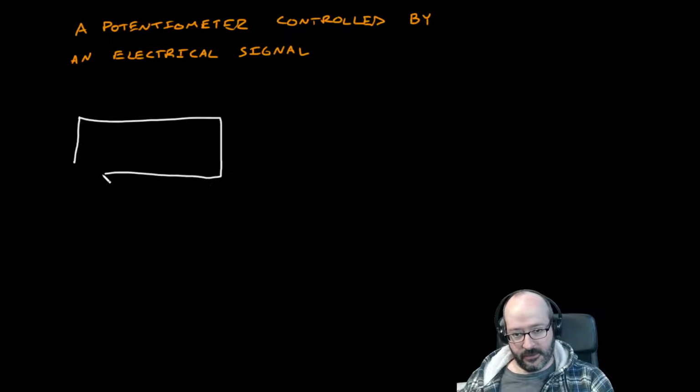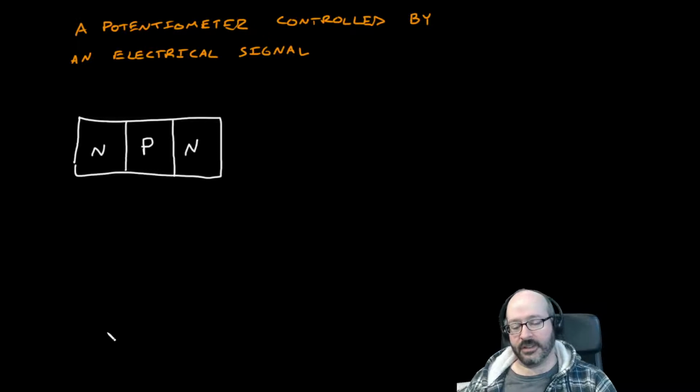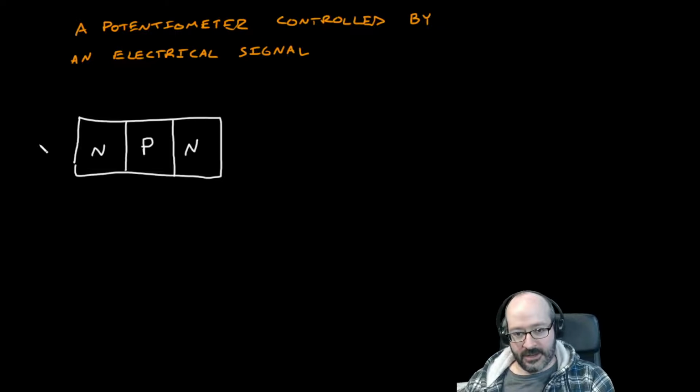You can draw it vertical, horizontal, doesn't matter. But where the diode was just a single PN junction, the bipolar junction transistor, so there's 2 junctions, is built out of 3 different doped regions. Okay, so we have an N dope, a P dope, and an N dope. This is called an NPN BJT.